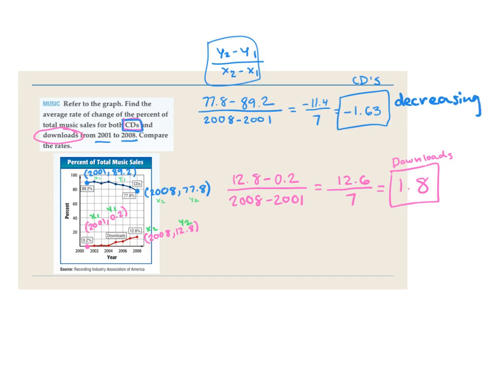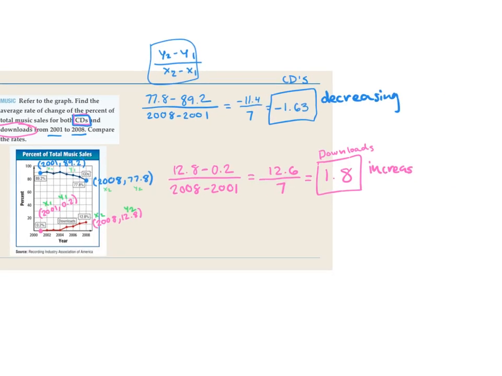So the rate of change is decreasing for CDs, and then our rate of change is increasing for downloads because it's positive. So anytime you have a negative rate of change or slope, that means that your line is decreasing. So first it asked us to find the CDs, then we had to find the downloads. So this was like 2 problems in one.